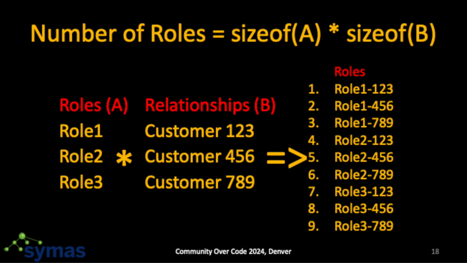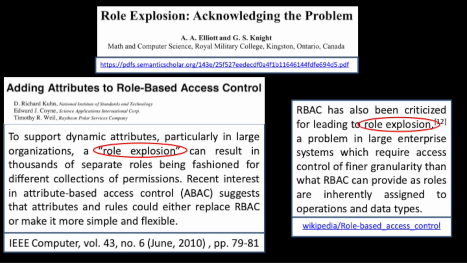But a financial institution is probably going to have more than 3 customers. And so you can very quickly get into a problem where your roles explode, right? That's the classic anti-pattern for RBAC: role explosion. It's a well-known problem, nothing new, everybody knows about it. Okay, there's no secret here.